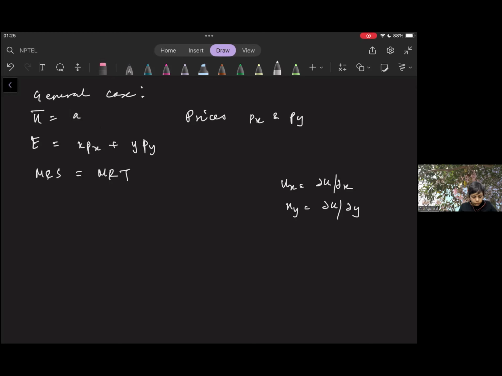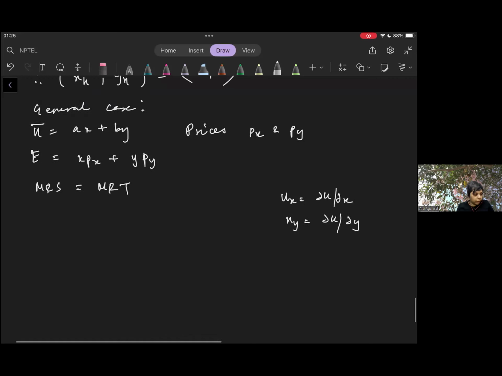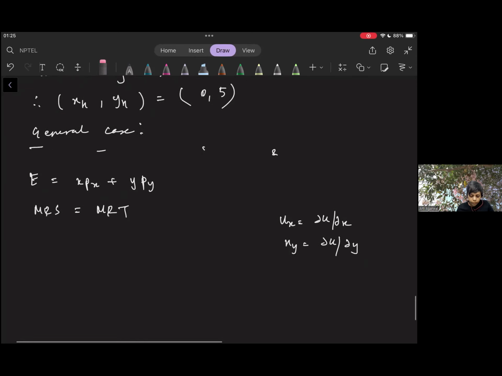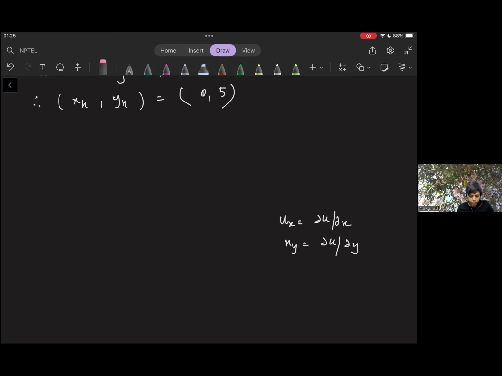Let's take this as ax plus by. Okay, so actually I had solved it with a slightly different function, and I don't think we can do this with the perfect substitutes case, because our budget function is always going to be linear at our level.